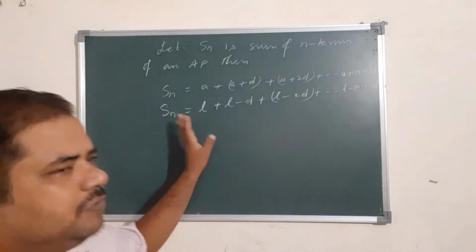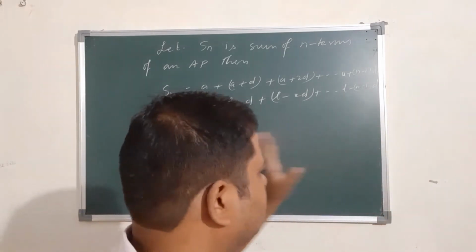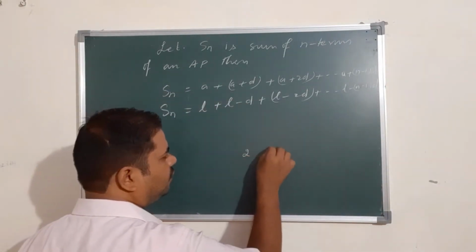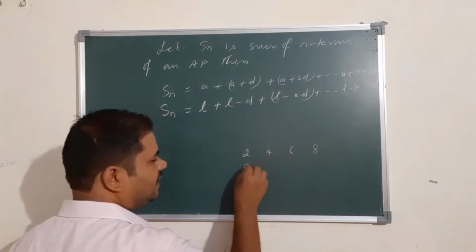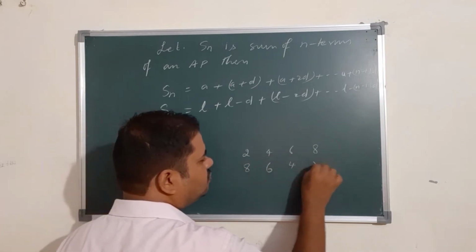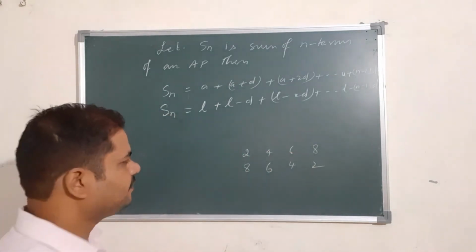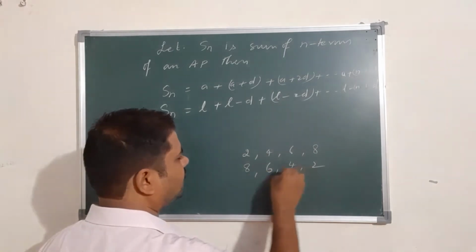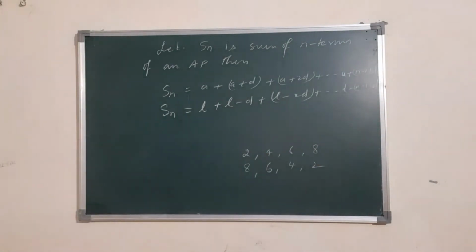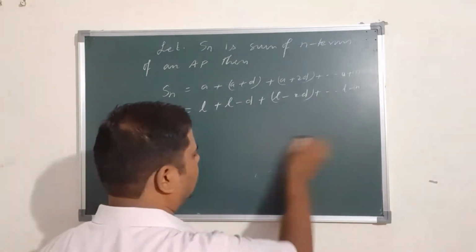You have to write from the last. That means suppose we are given an AP 2, 4, 6, 8, then we can write it like 8, 6, 4, 2. Okay? So in this manner we have to write both the expressions for the sum of the AP.